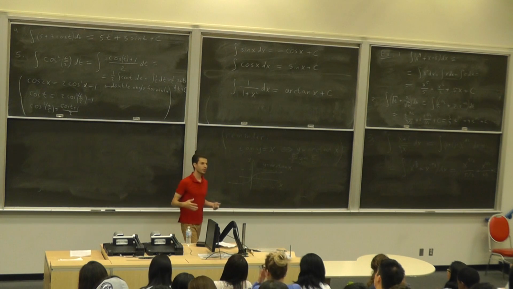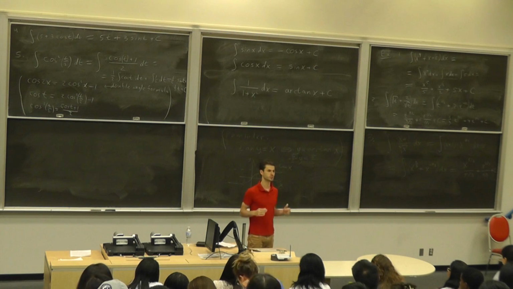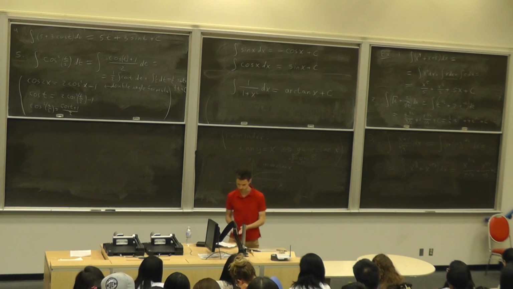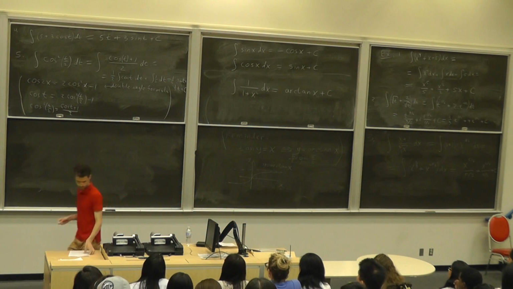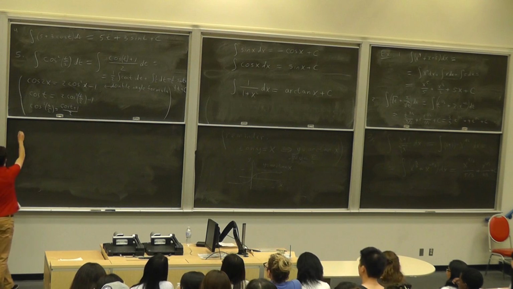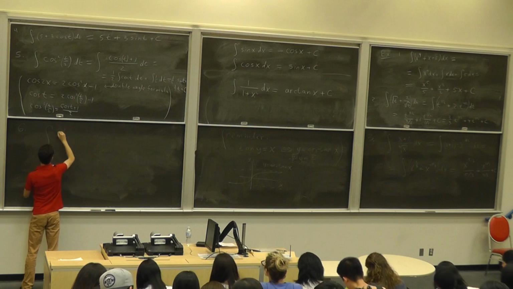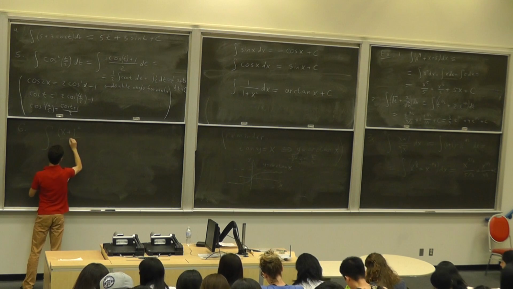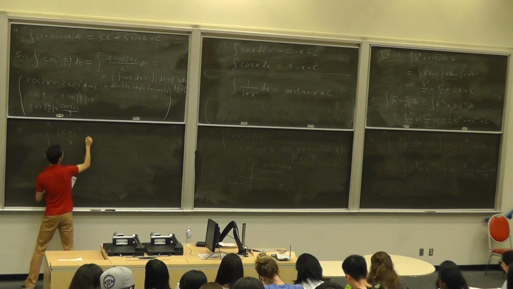The antiderivative is only a means to the end of finding actual areas under the graphs, or actual definite integrals. So if you have a definite integral, so another example, let's find the integral of (x plus 1) squared over x from 1 to 2, dx.